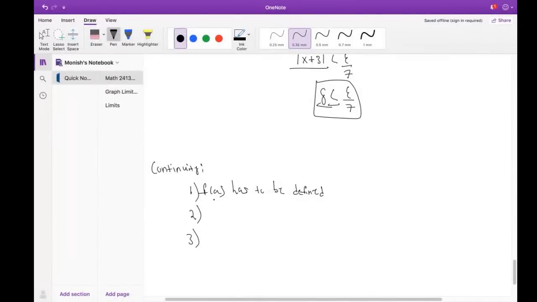And yeah, the limit has to equal f of a. So the limit as x approaches a of f of x must exist, and the limit as x approaches a of f of x has to be equal to f of a as well for it to be continuous. So those are the 3 conditions.